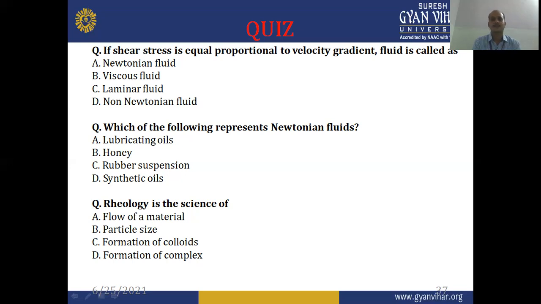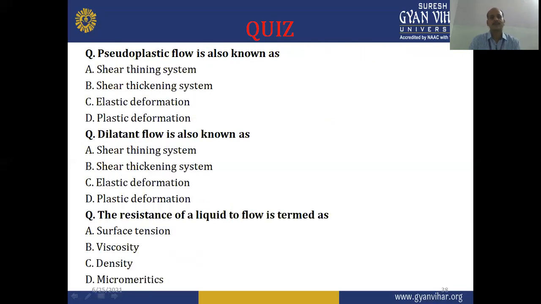So you can go through the examples of Newtonian as well as non-Newtonian liquids and find out the correct answer for this question. Then, rheology is the science of: A is the flow of material, B is the particle size, C is the formation of colloids, and D is the formation of complex. Next one is: the pseudoplastic flow is also known as shear thinning system, shear thickening system, elastic deformation, and option B is plastic deformation.